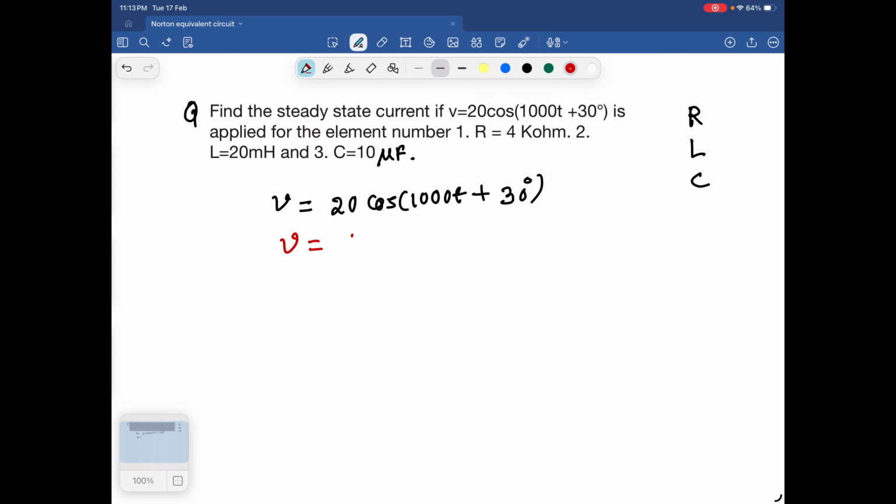V is equal to Vm cos omega t plus theta. So this is the expression of the sinusoidal voltage. So Vm is equal to 20, omega is equal to 1000, and theta is 30 degree.